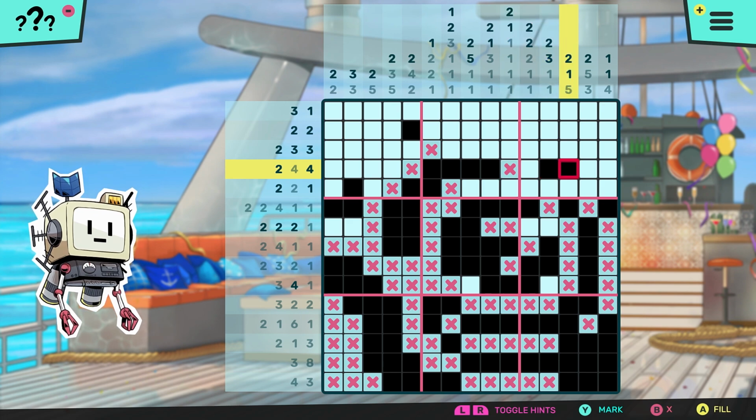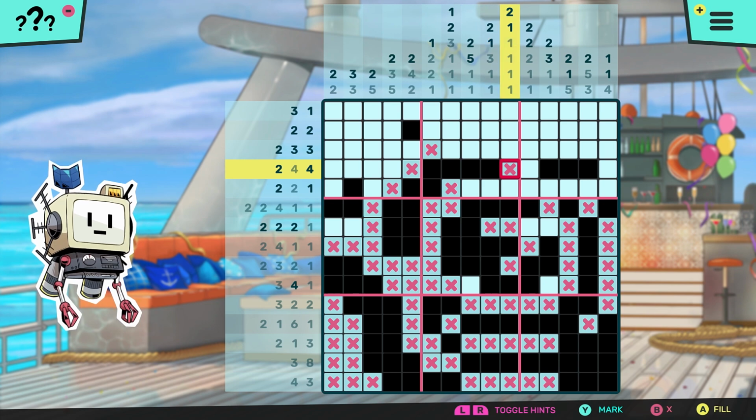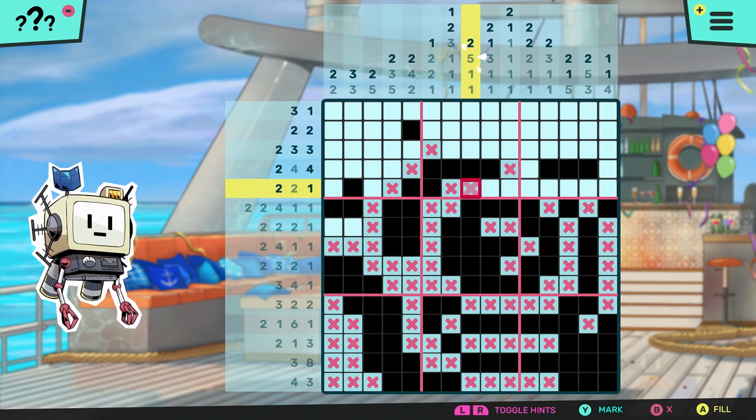This is one of the fours because it can't be the two because the fours can't fit all the way over there. Bam, bam, bam, boom, boom.